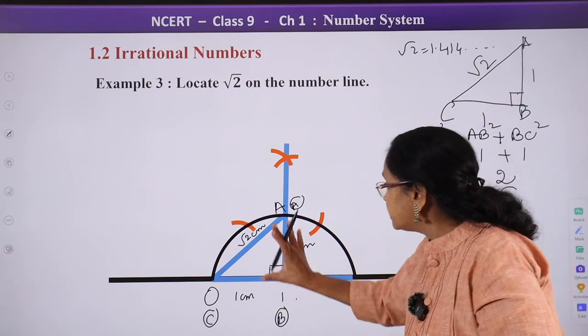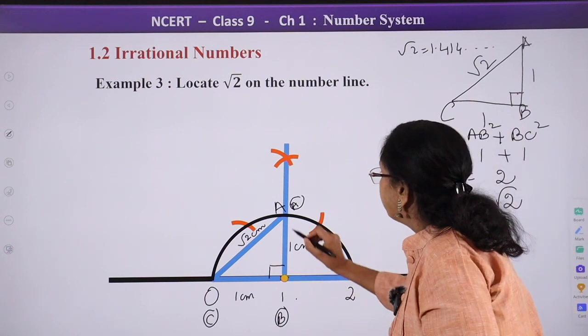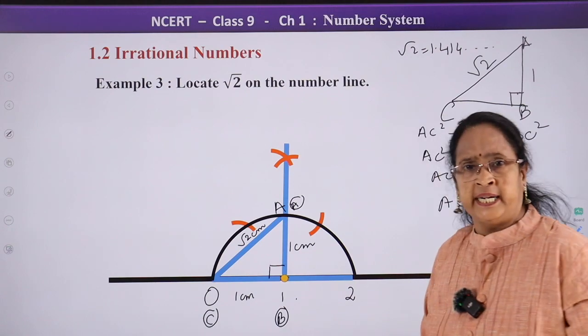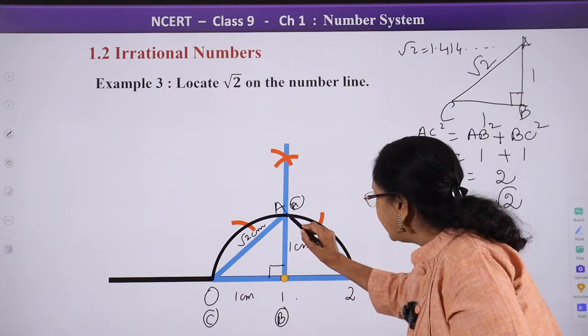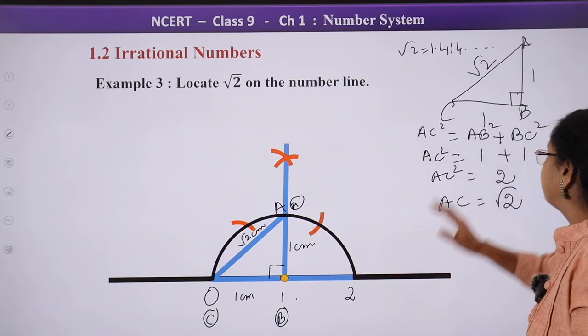Alright, with this new radius, we will take O as the center and cut an arc to locate it on the number line.